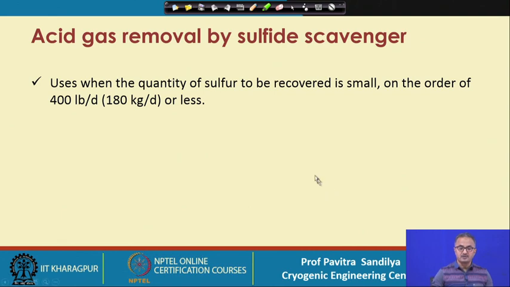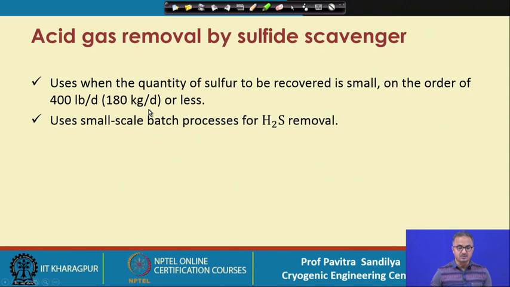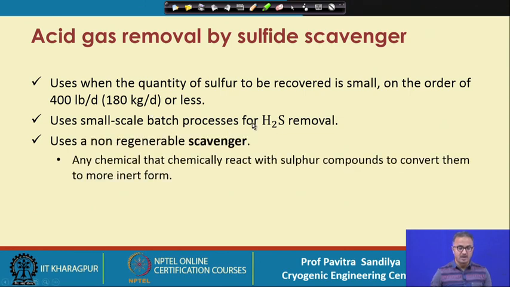Now acid gas removal by sulfide scavenger. These scavengers are used when the quantity of sulfur to be recovered is small, of the order of say 100 kg per day or less. So it uses small scale batch processes for H2S removal, and the scavengers are non-regenerable.